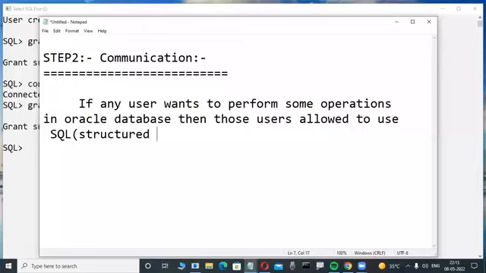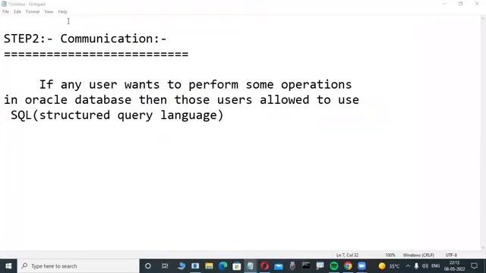Structured query language. Then those users are allowed to use SQL.